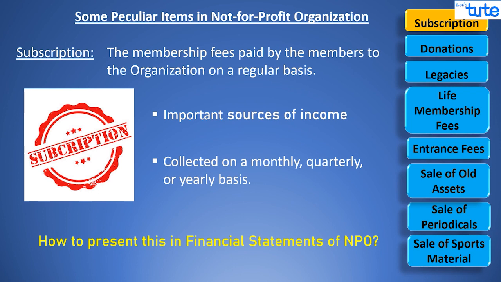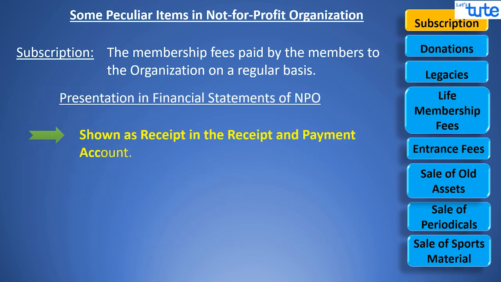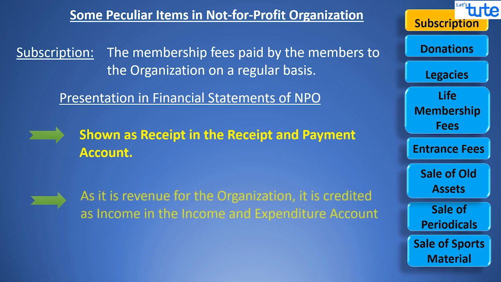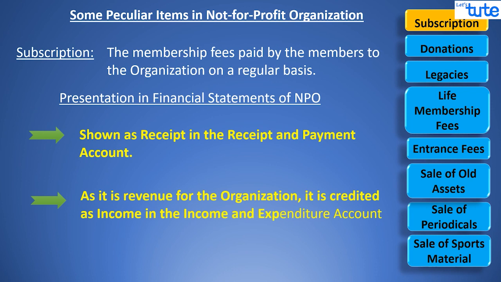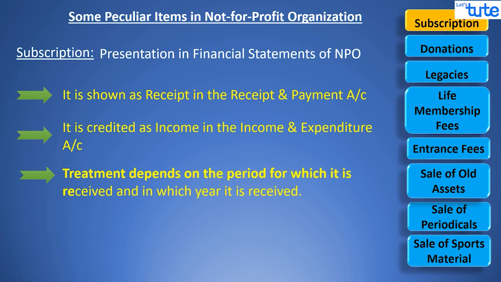So, the subscription paid by the members is a revenue receipt and thus shown as receipt in the receipts and payment account, and as this is a revenue for the organization, it will be credited as income in the income and expenditure account. But its treatment also depends on the period for which it is received and in which year it is received.